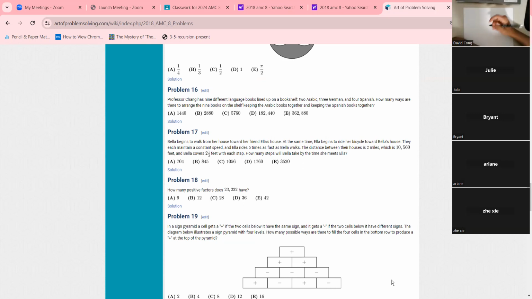So say a number has prime factorization 2 cubed times 3 squared times 5. We want to find the total number of factors of this. Well, a factor can have either 0, 1, 2, or 3 2's. So if I were to choose a factor of this number, I can give it either 0 factors of 2, 1 factor of 2, 2 factors of 2, or 3 factors of 2.